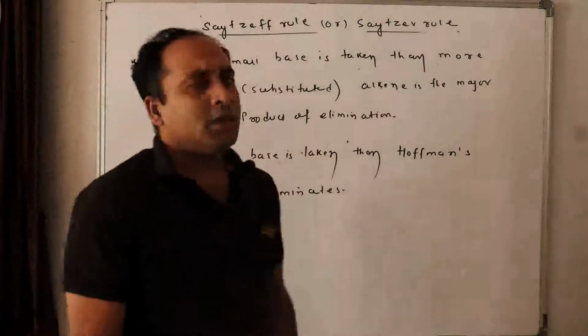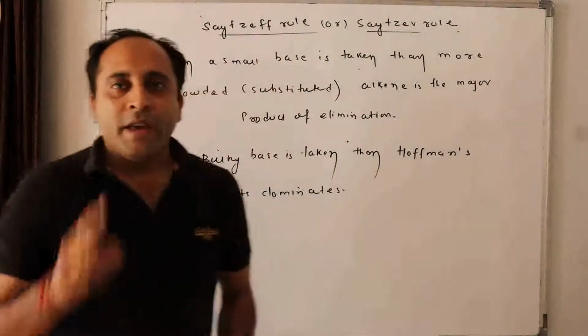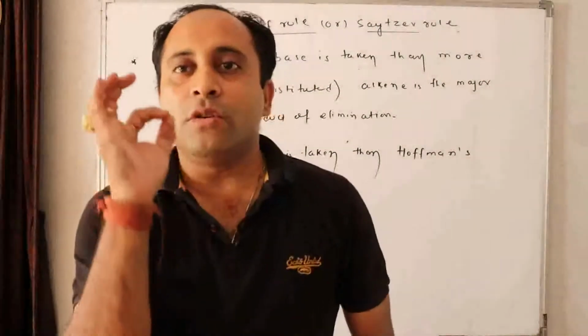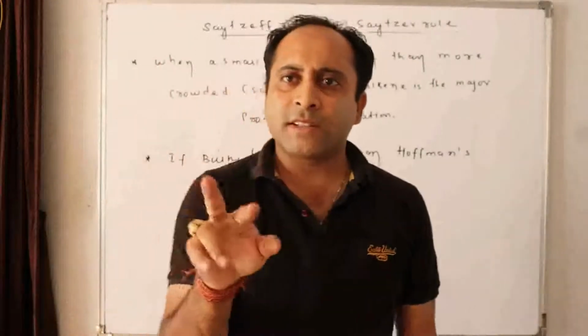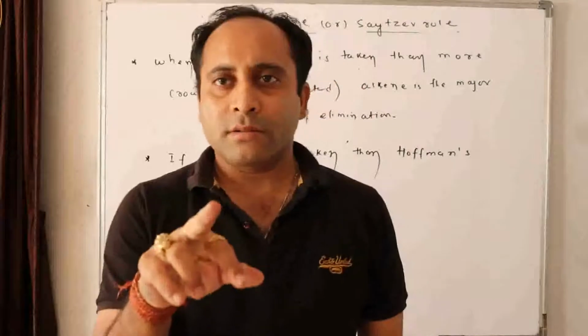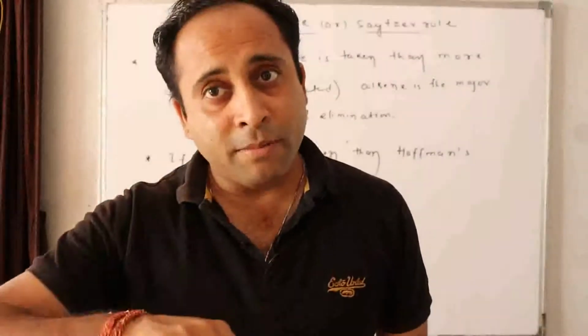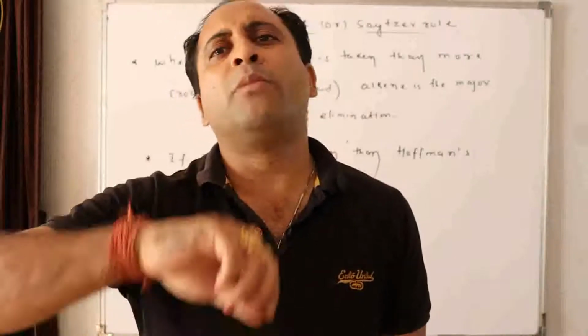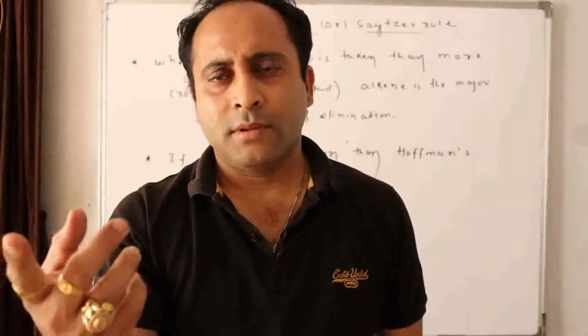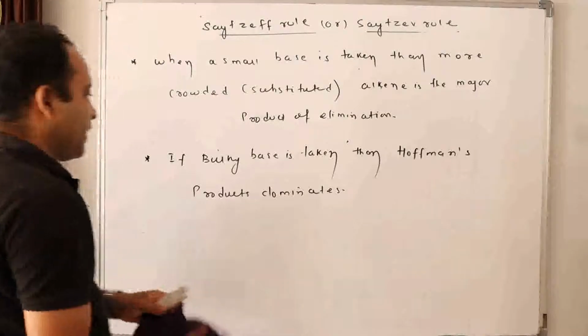Next important thing about E1 reactions: E1 reactions are regioselective. But when there is a difference between the products, that is, if products are formed and one of the products is dominating, let me explain with an example.